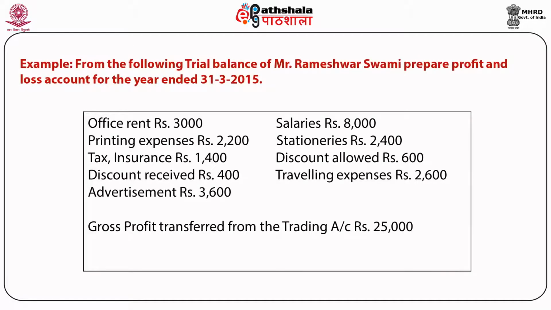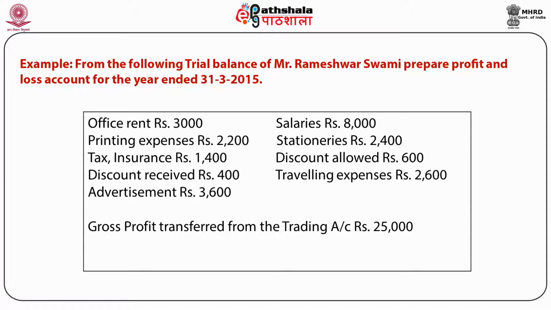For the purpose of providing a better understanding of the profit and loss account, information is given in this picture, and we have to prepare the profit and loss account with the help of this information.